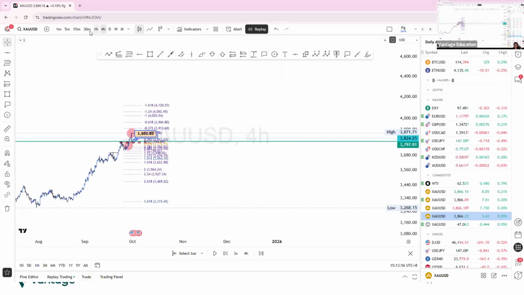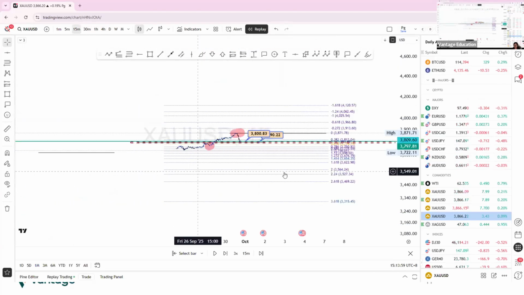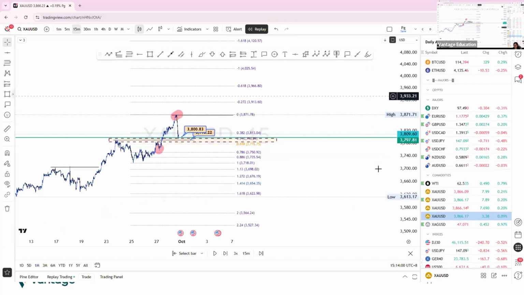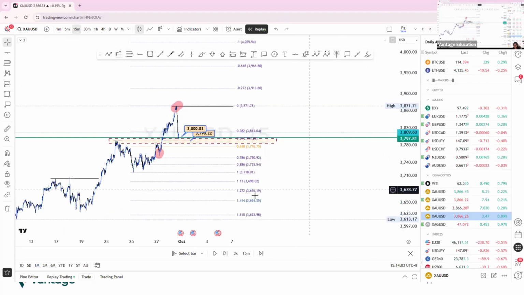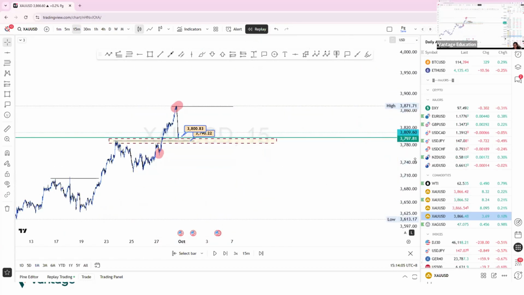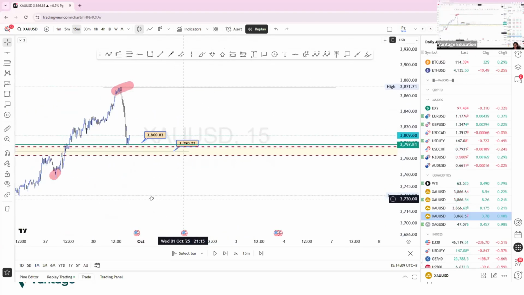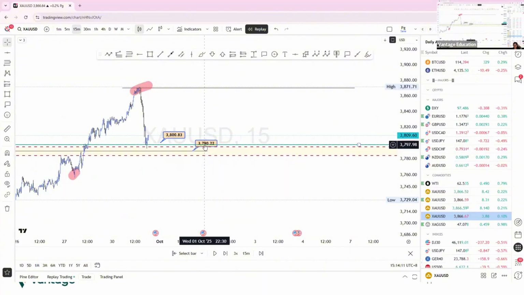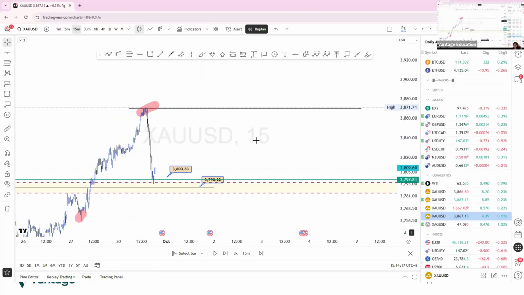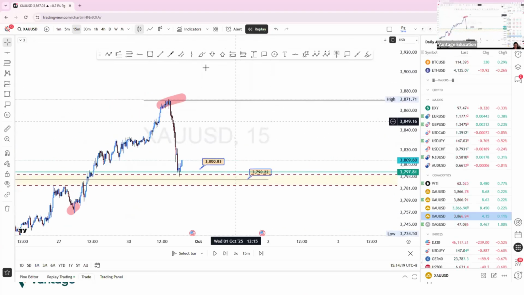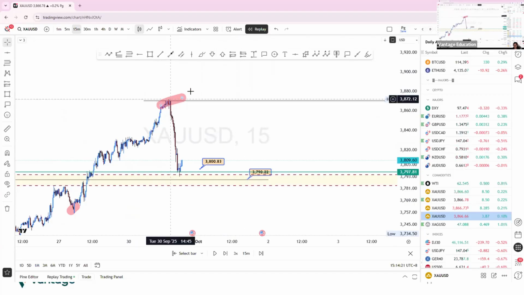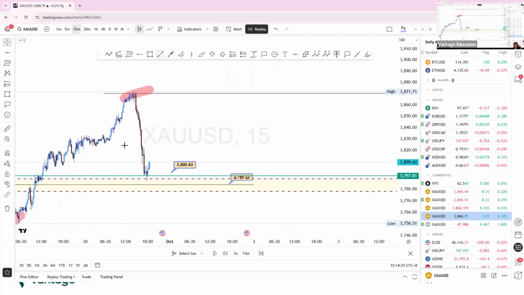So where is your stop loss in this case? You need to put it below 3790, which is below this yellow box. And then the next TP: we know that price has gone back to the all-time high, but what if we can't see that?